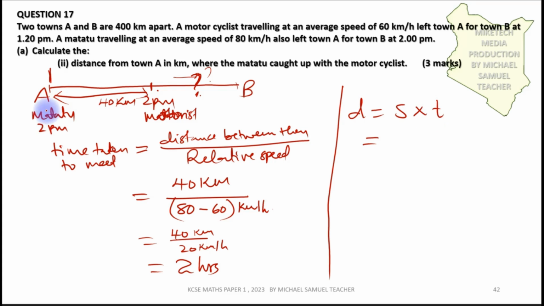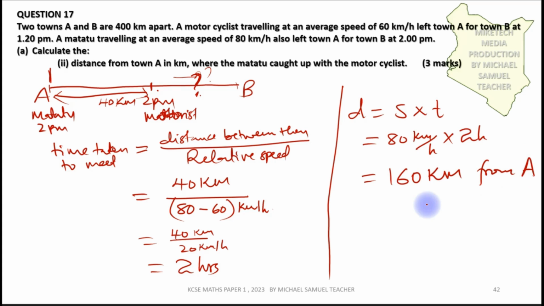The speed of the matatu is 80 km per hour. We multiply by 2 hours, so this will be 160 km. So they'll meet 160 km from town A.